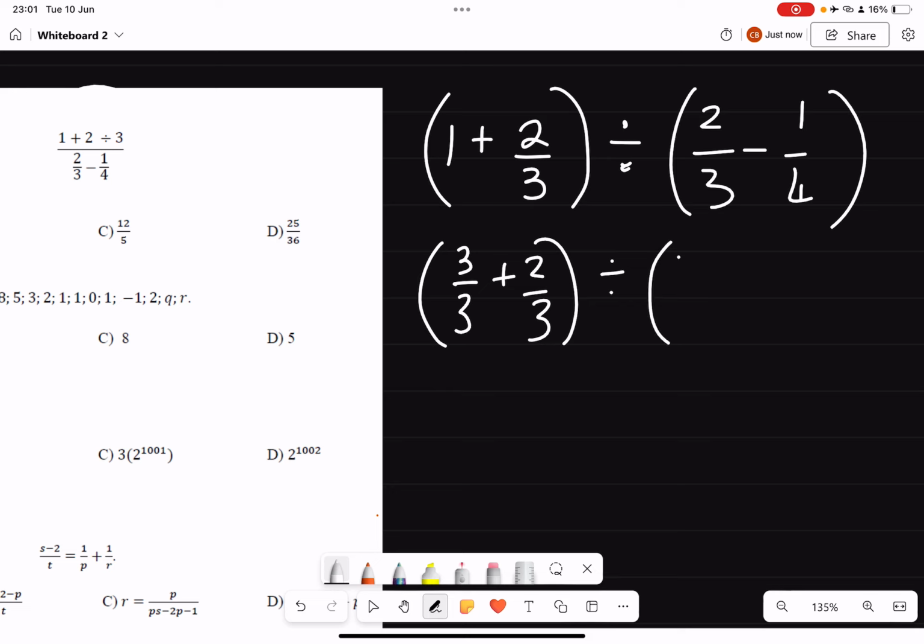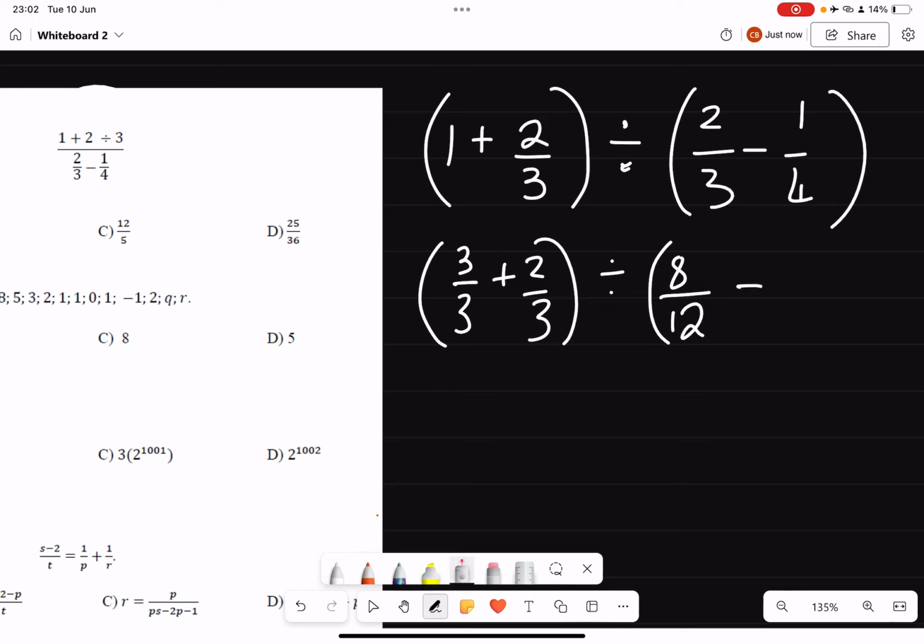And then on this side, we can see that our LCD should be 12, because 3 and 4 can both go into 12. So the lowest common denominator is 12. So here I'm going to multiply by 4 and 4, both top and bottom. So 2 times 4 is 8, and then 3 times 4 would be 12.